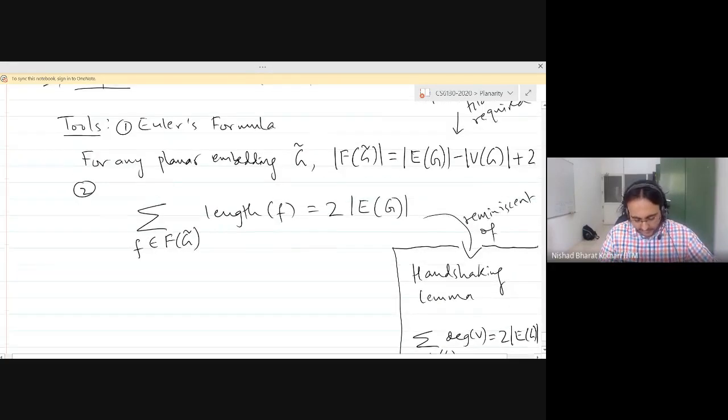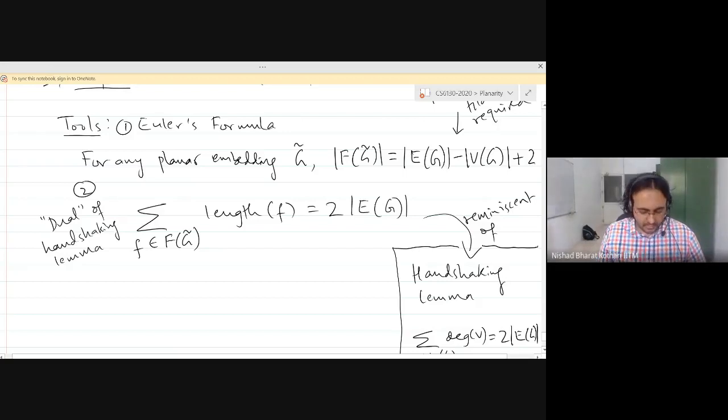Let's come back to our point. So we have now two tools, Euler's formula and the dual of the handshaking lemma. Okay.